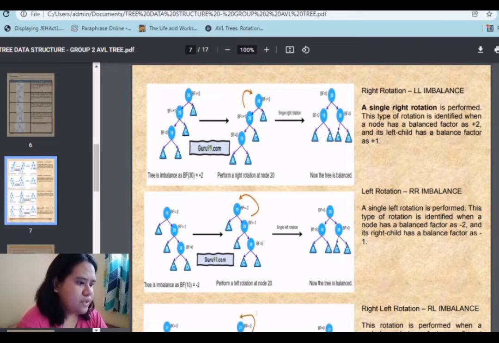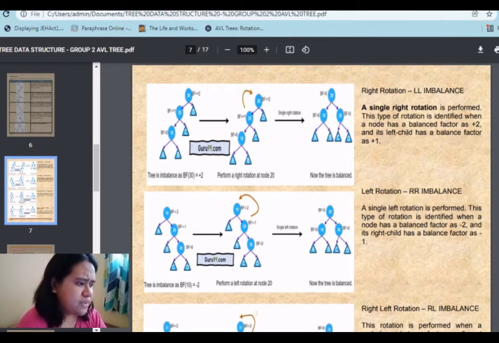On the second illustration, we're going to use left rotation since it is an RR imbalance or right-right imbalance, meaning that the imbalance occurs on the right child's right subtree. Here is the illustration above. We can understand that the balance factor is equal to negative 2. A single left rotation is performed in this tree.